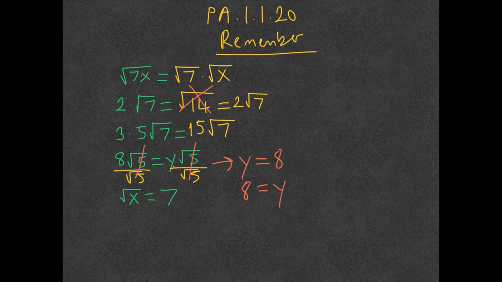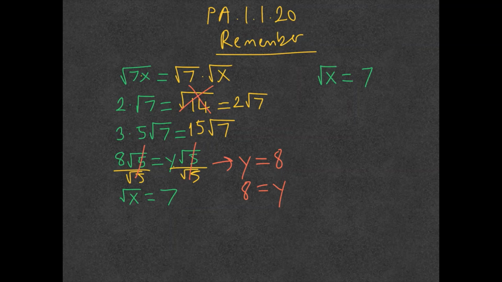My next question, square root x is equal to 7. I'm going to write it down here one more time because there's not enough space left over there. Here the question is, I need to find the value of x, but I have a radical, a square root here, and I would like to cancel this to find the value of x.